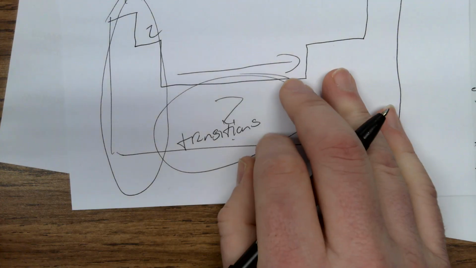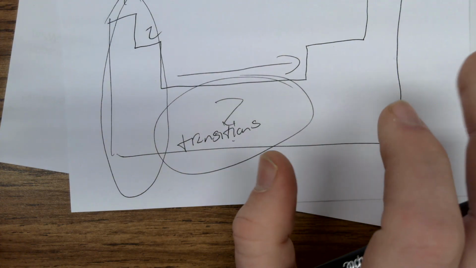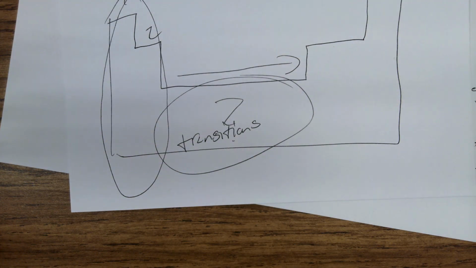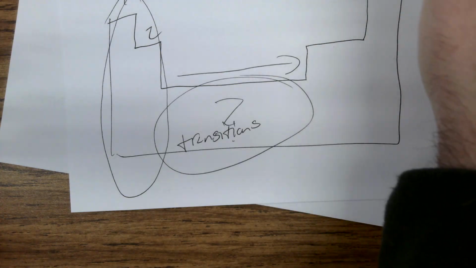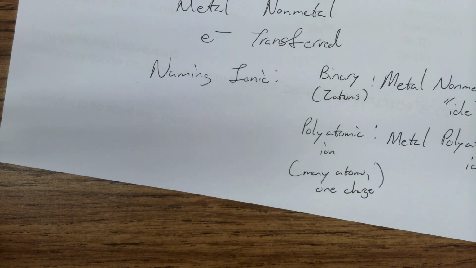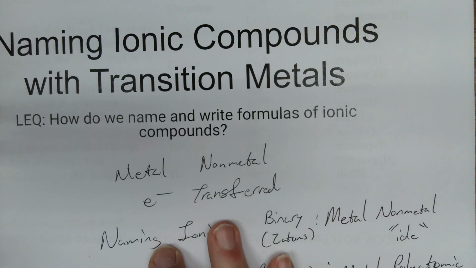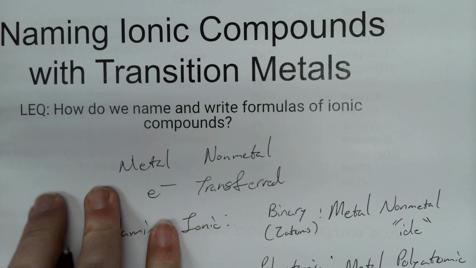What about them? Do they form ionic bonds? Absolutely. The thing is that when they form ionic bonds, things are a little weird. And that's what we're going to talk about today: ionic compounds and transition metals.